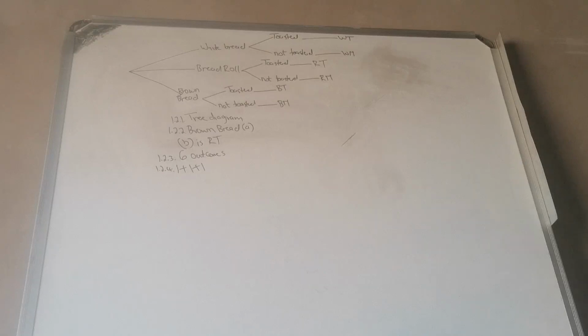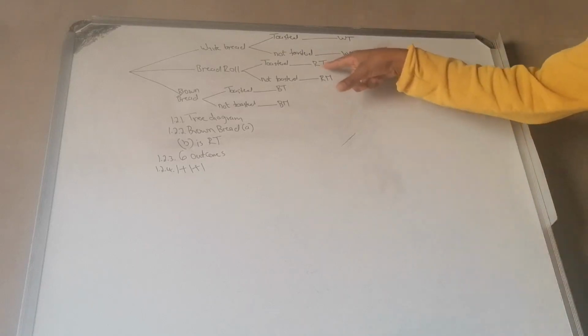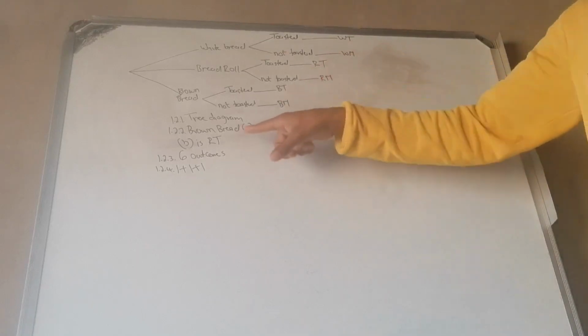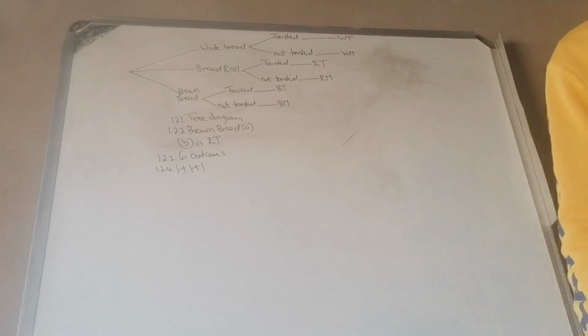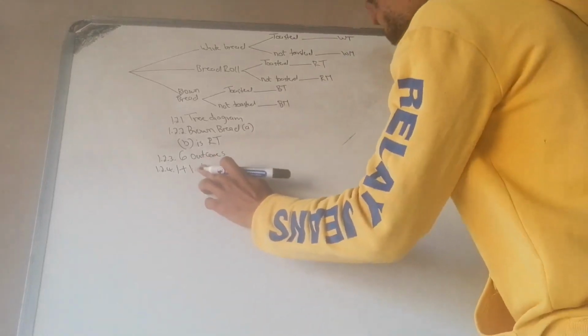We know that a bread roll can either be white or brown. That's one thing that we should know. So we cannot include that bread roll into this because it can either be brown or white. So the number is 2.